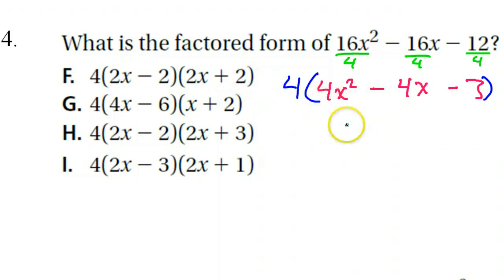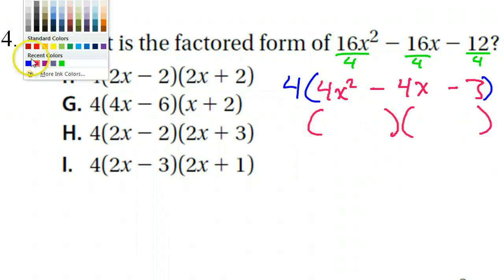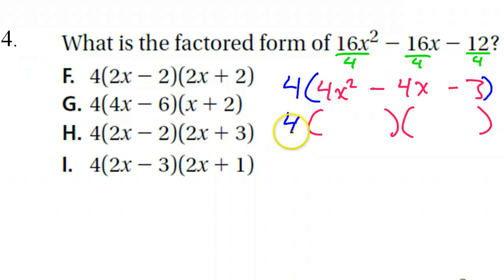Okay, so now we need to factor this trinomial down. Of course we will bring down the GCF of 4. Okay, 4x squared. That might factor as 2x times 2x.